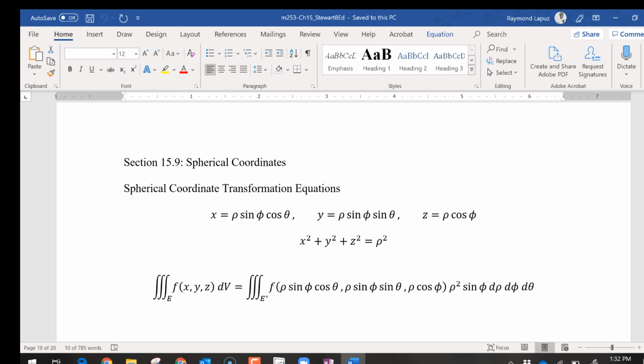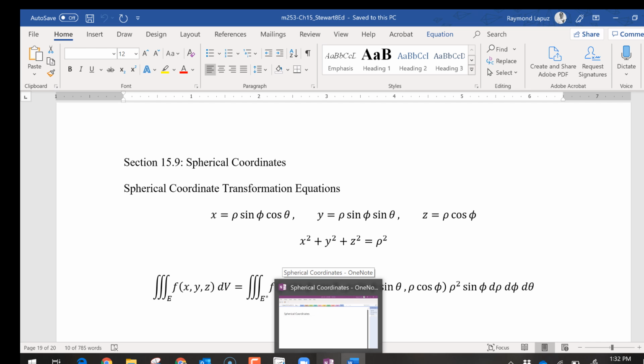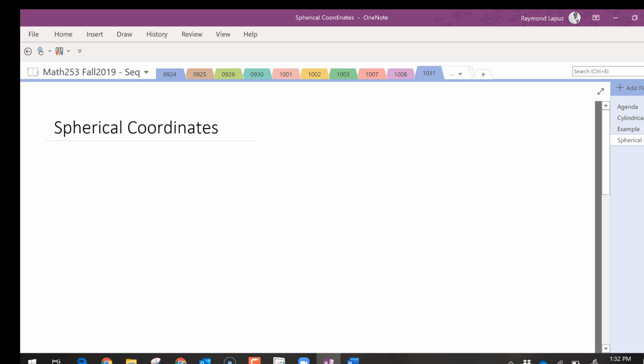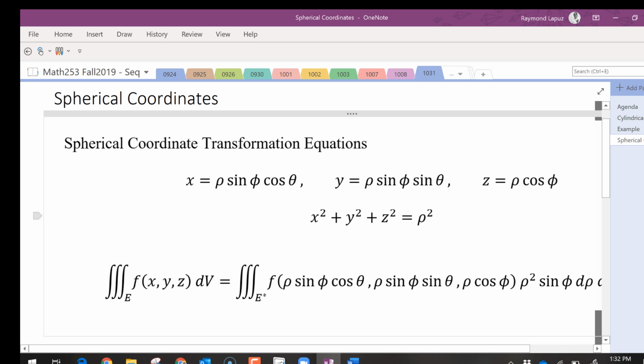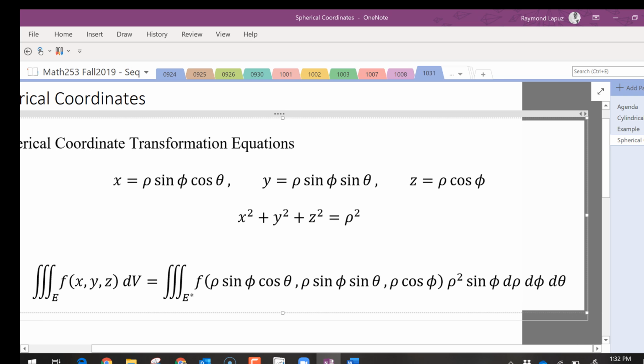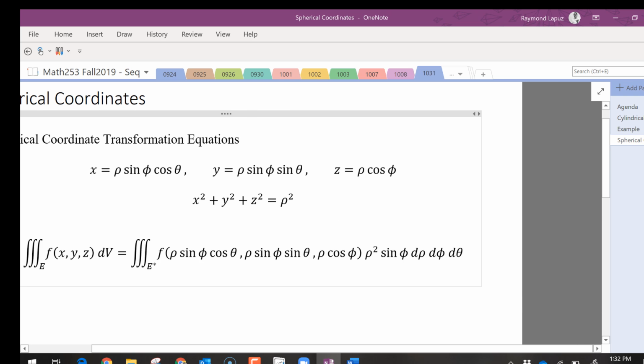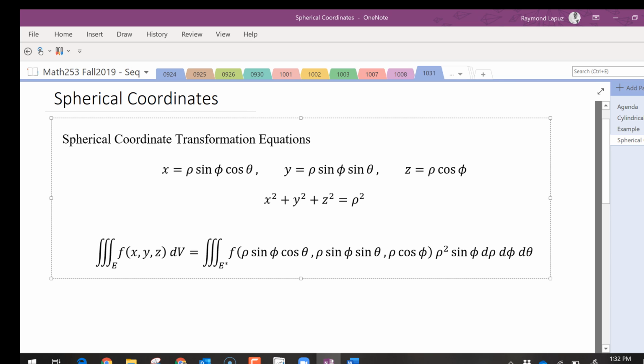You guys have to negotiate the sections here because I'm going by an older edition of the book, I guess.